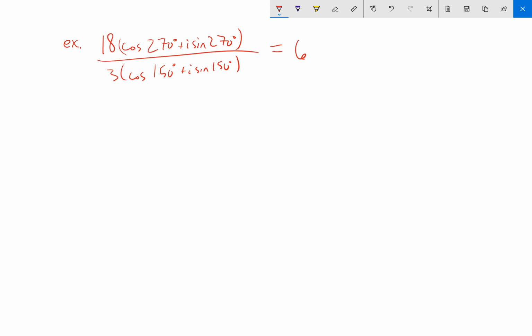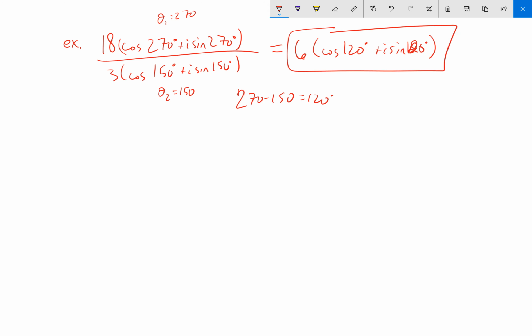What do I do to my thetas? Theta 1 up here is 270. Theta 2 down here is 150. So all I have to do is 270 minus 150, which is 120. And that's our new theta. So there's my answer.